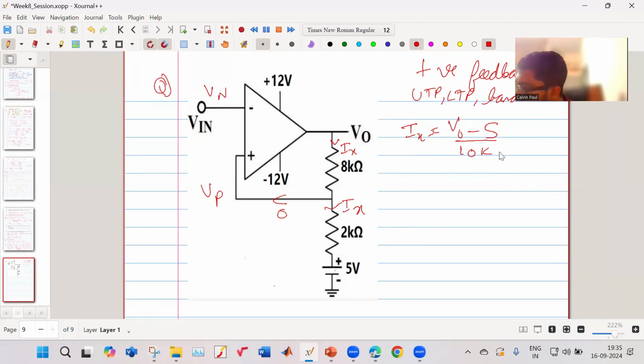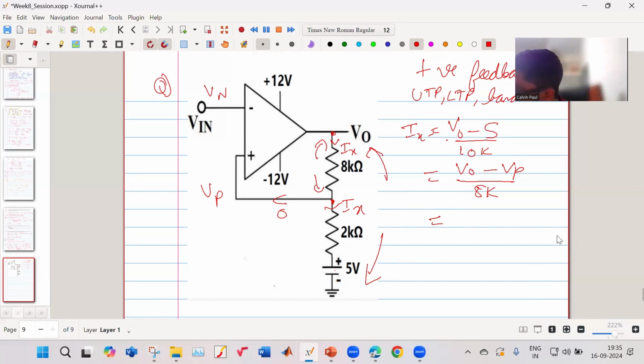I can also write IX equal to V output minus VP upon 8K, if I consider from here to here. If I consider from here to here, then it is V output minus 5 upon 10K.